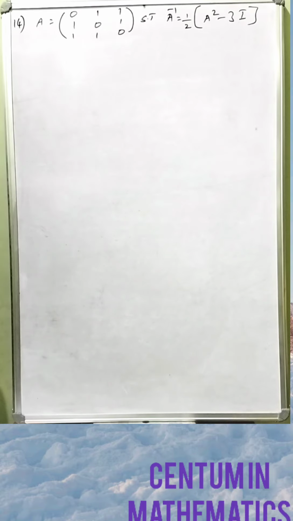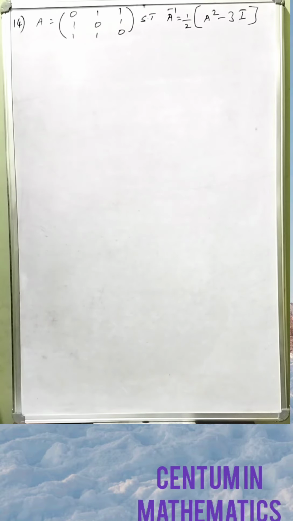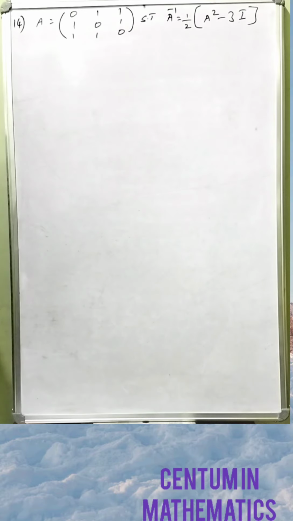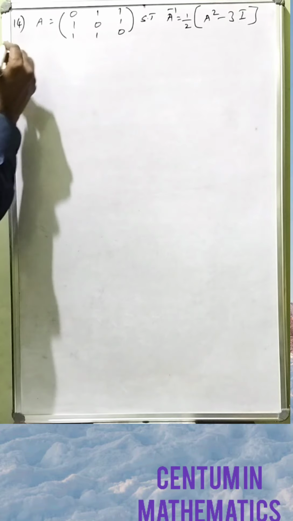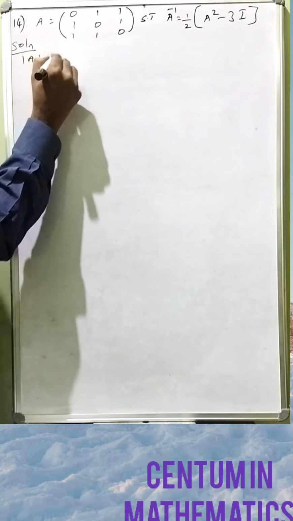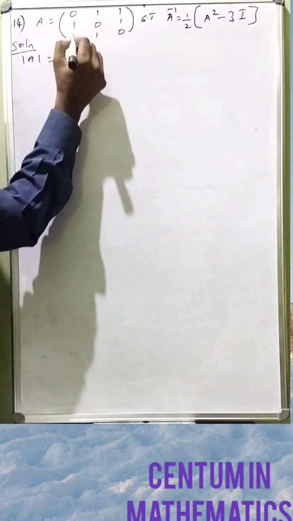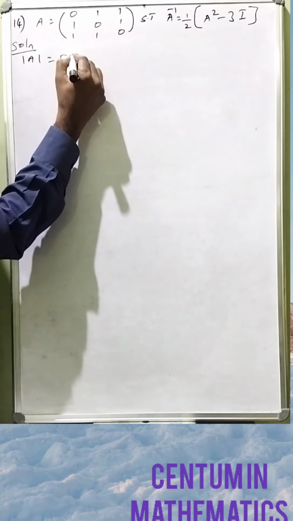A is a given matrix of 3 cross 3 order, so that A inverse equals 1 by 2 into A square minus 3I. We have to prove. So first find A inverse. To find A inverse, first find the determinant of A. For a 3 cross 3 matrix, how to find the determinant of A? 0 into anything, 0 will come.